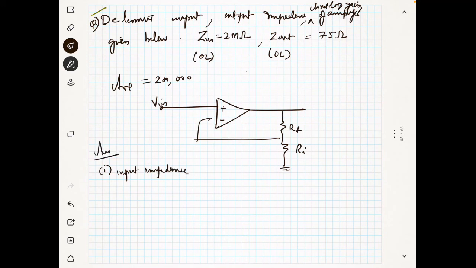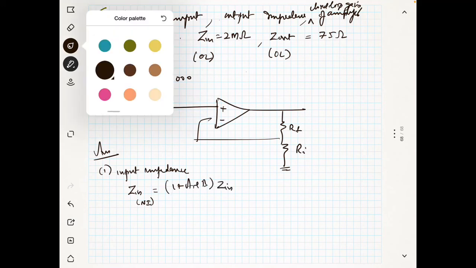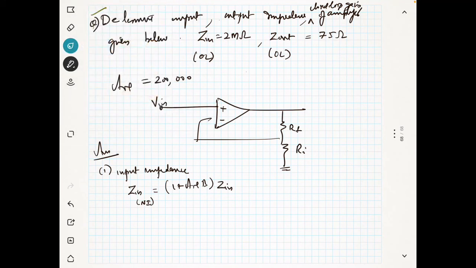Input impedance is nothing but Zin for a non-inverting amplifier, which is equal to 1 plus AOL into B into Zin. And what is my B? That's what I want to calculate first. RF is given as 220 kilo ohm, and RI is given as 10 kilo ohm. So my B will be equal to 10 kilo ohm divided by 220 kilo ohm plus 10 kilo ohm. So I will get this number as 0.0435. This is my B.